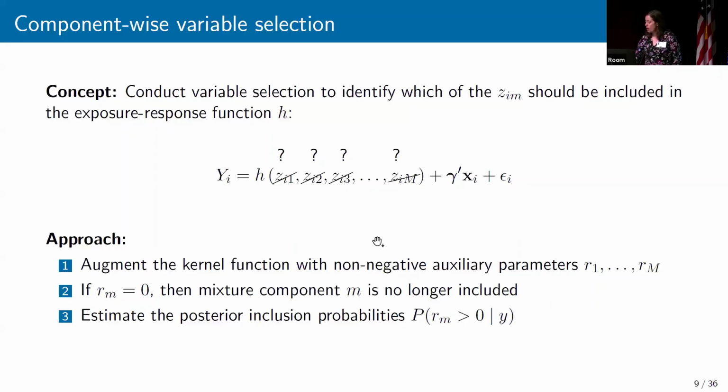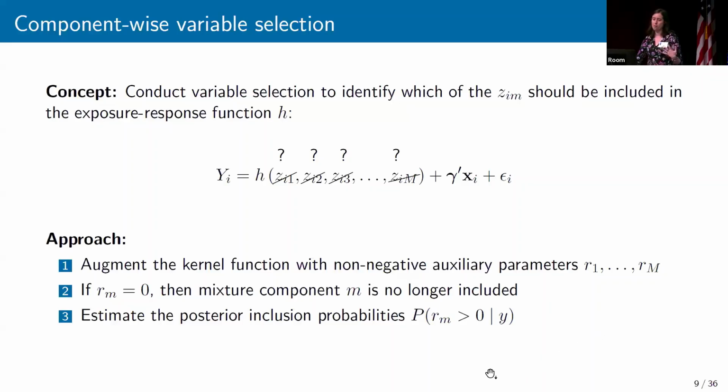So how it works is we augment the kernel function with non-negative parameters R1 through Rm. Each mixture component Zm has a corresponding auxiliary parameter Rm. These auxiliary parameters are such that if Rm is equal to 0, that implies that the mixture component m is no longer included in that exposure response function. So practically, what we are doing is we estimate the posterior inclusion probability.